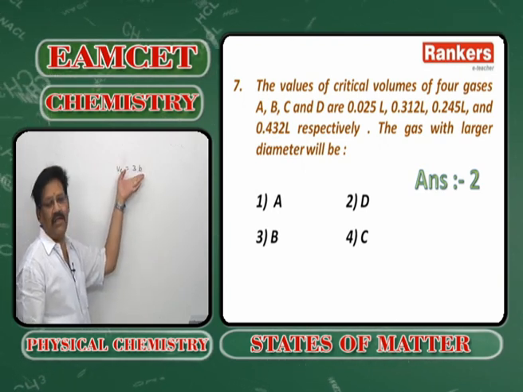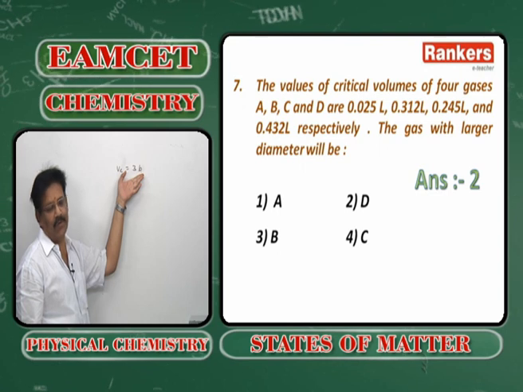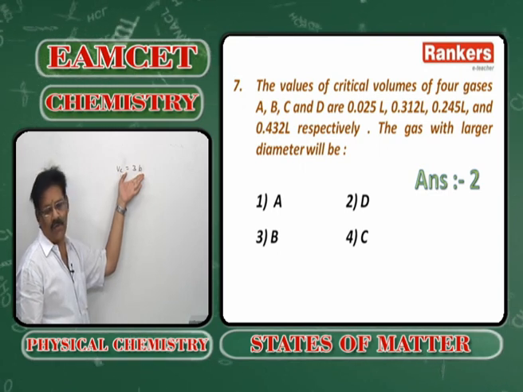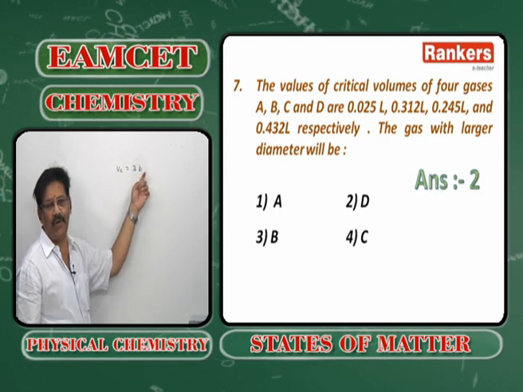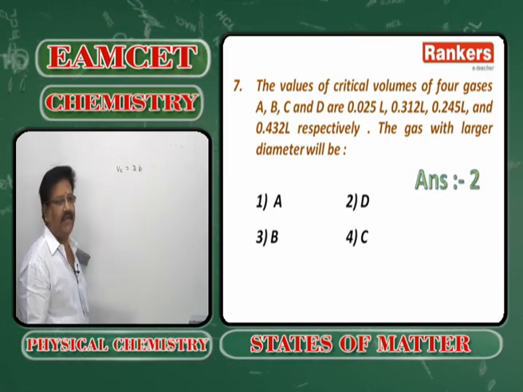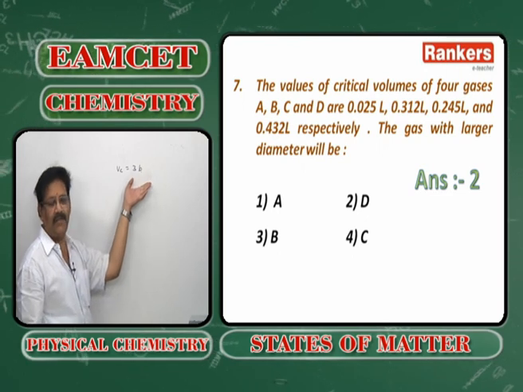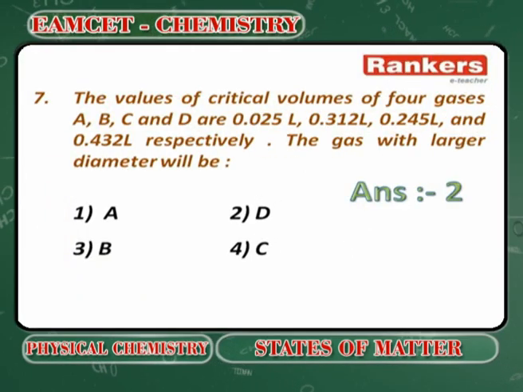So automatically the B value will be more, so it will have a larger diameter. Option 2 is the answer.